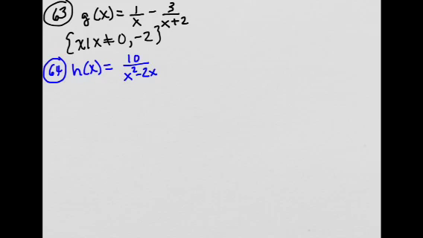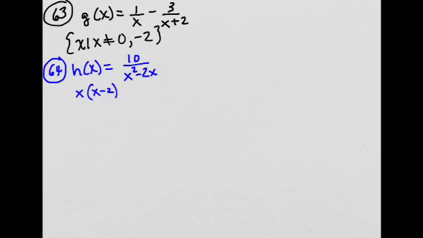Okay, for number 64, we want to find the domain of h of x. Again, notice that we have x in the denominator, so we have to ensure that that denominator is not equal to 0. We have a quadratic, x squared minus 2x, so what I'm going to do is factor the denominator. I can factor out an x, which leaves me with x times the quantity of x minus 2.